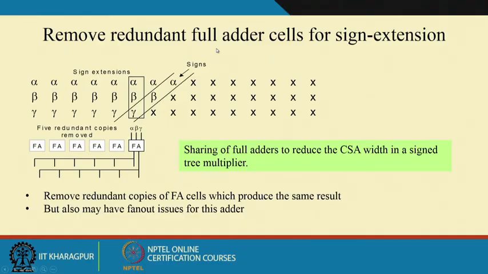So, how do we remove these redundant full adder cells? These are the signs, and 5 redundant copies can be removed. We have already discussed in the last class how to reduce these particular terms.